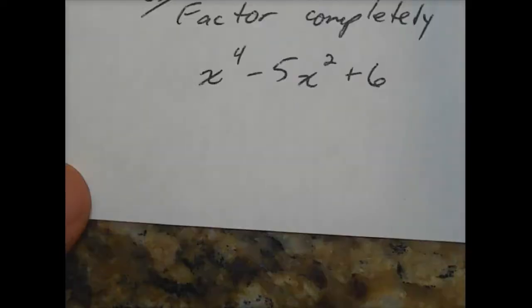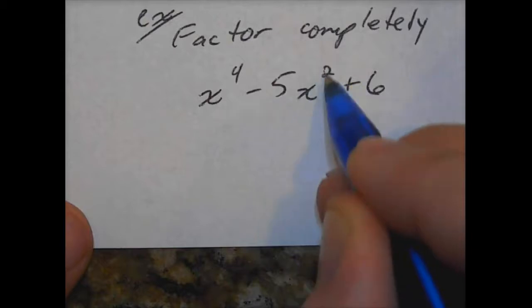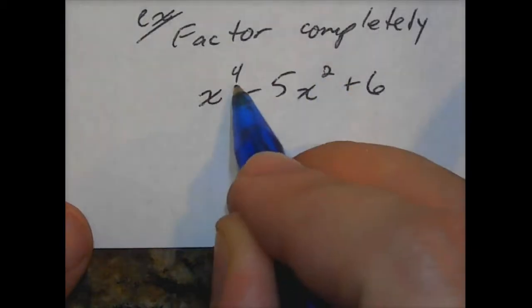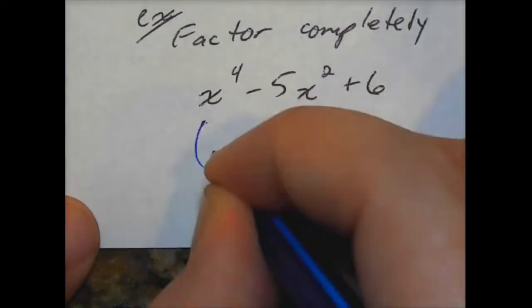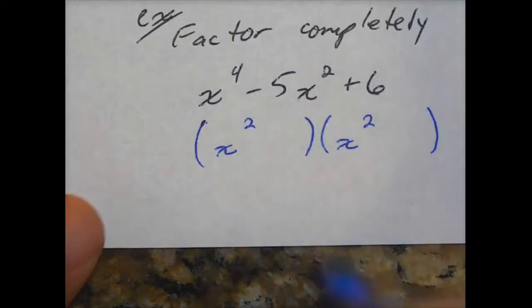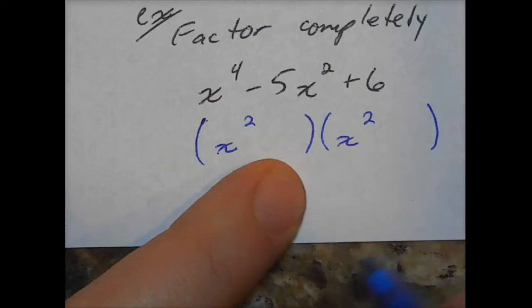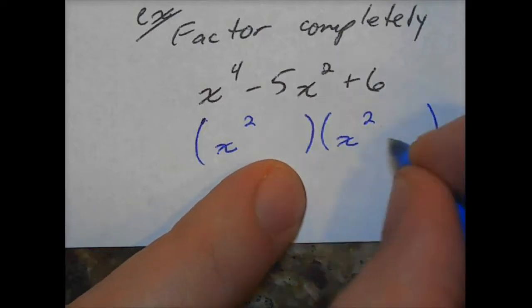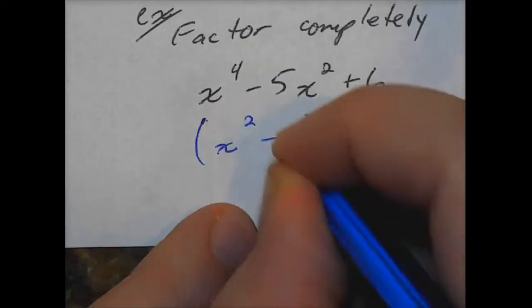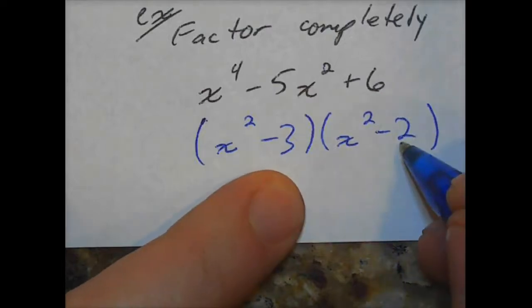So same sort of idea here, especially if this exponent is half of that exponent. So what we can do is start off with x squared and x squared, and I know they would add together with my outside and inside terms to be an x squared part. So this even factors just like the last one into something like that, because negative 3 times negative 2 is 6.